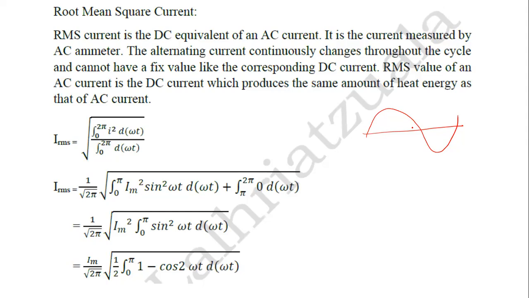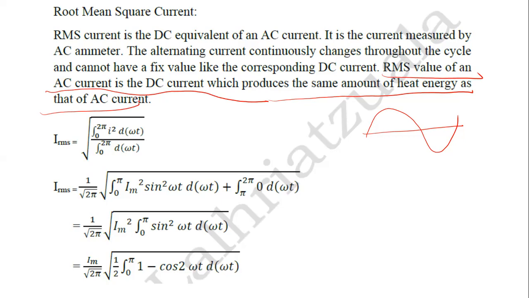The RMS value of an AC current is the DC current which produces the same amount of heat energy as that AC current. Suppose you pass an AC current through a certain heating coil, and you also pass a DC current through a certain identical coil.